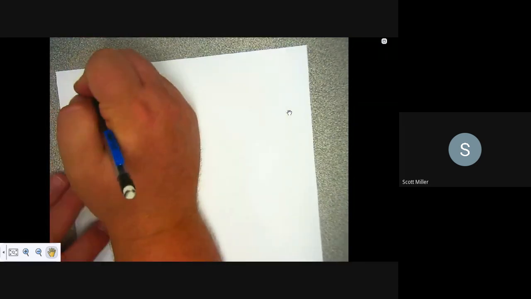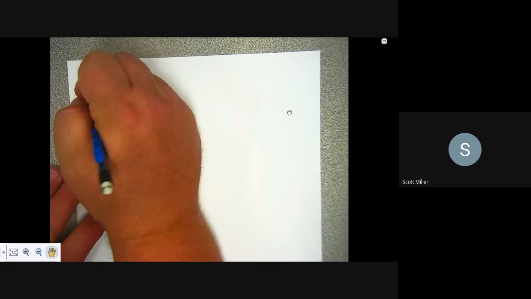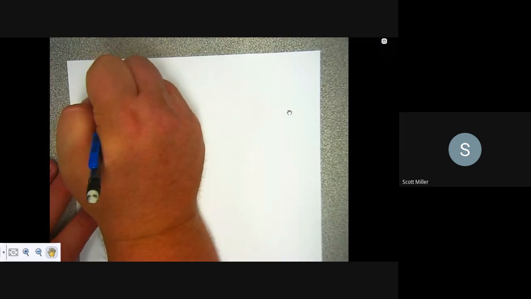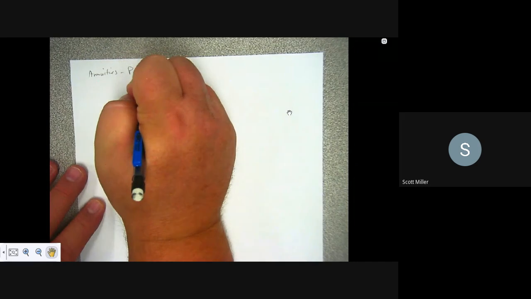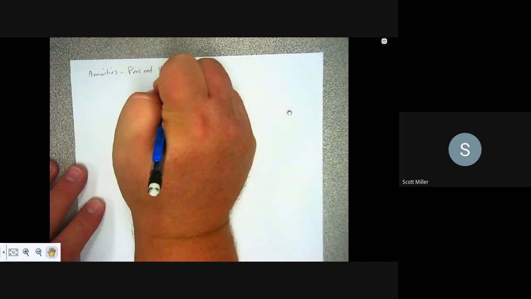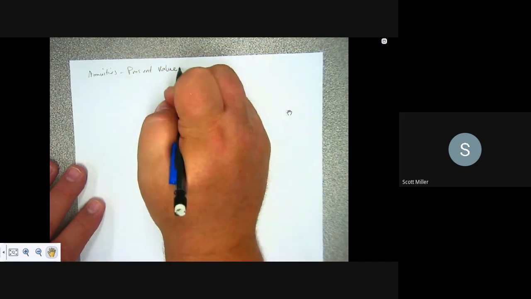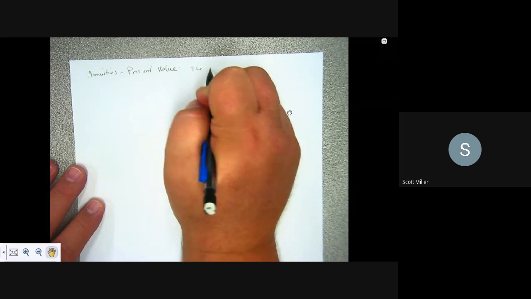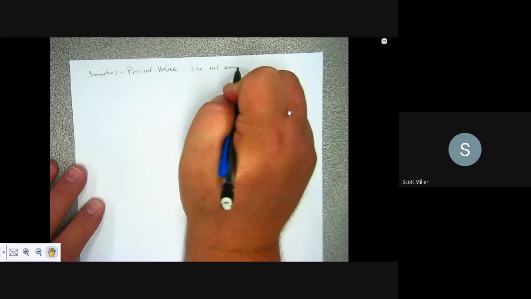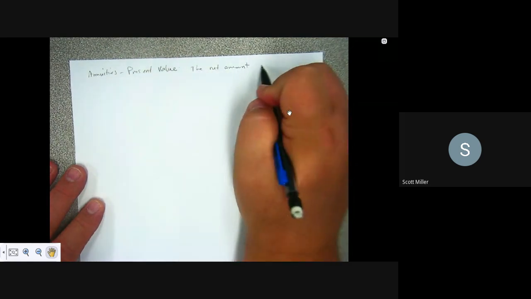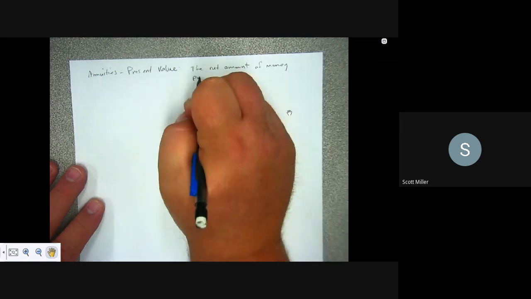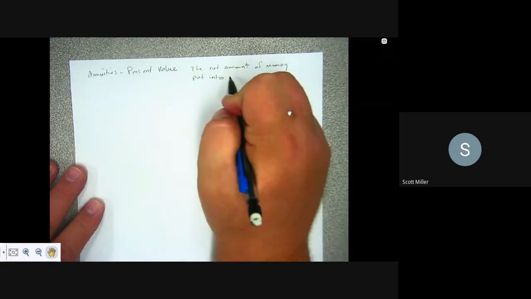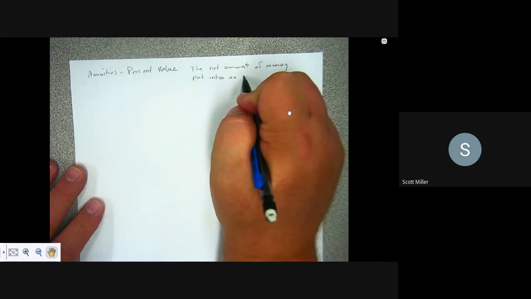There's one more I want to look at over here, and this is the annuities. Again, with annuities. And we have what's called present value. This is the net amount of money put into an annuity.